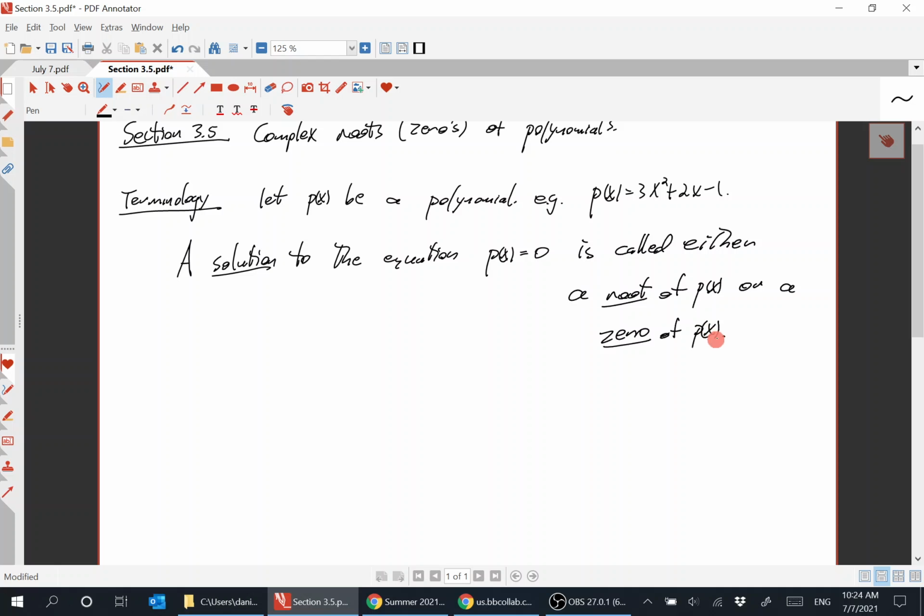I think root's the better term. So polynomials don't have solutions; polynomial equations have solutions. Given a polynomial, the solutions of the associated equation are called the roots of the polynomial, or the zeros of the polynomial. These are very slight differences, but it's good to use the right term in the right situation.